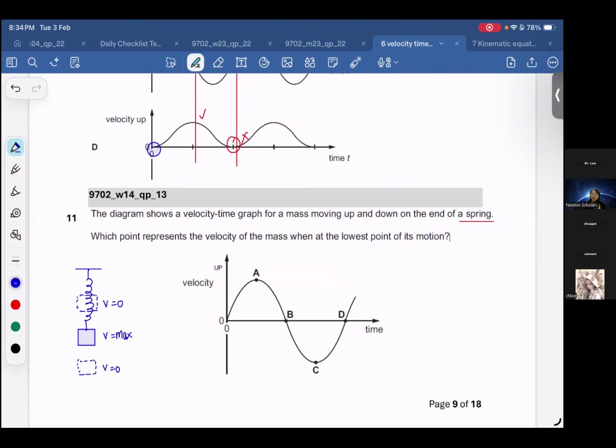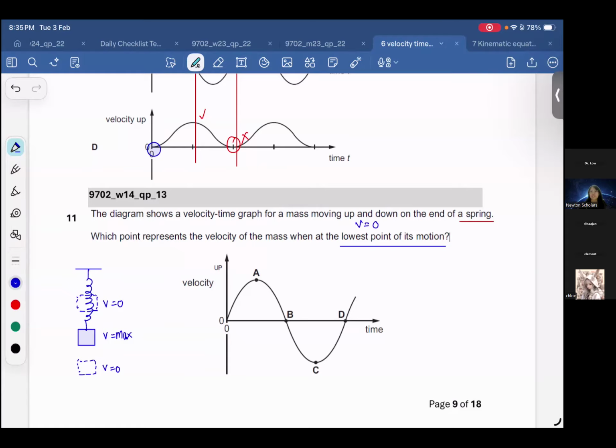What is the answer? A, B, C, D. Which velocity point represents the lowest position of the object's motion? At the lowest point here, velocity must be 0 because it's going to change direction. But which one?